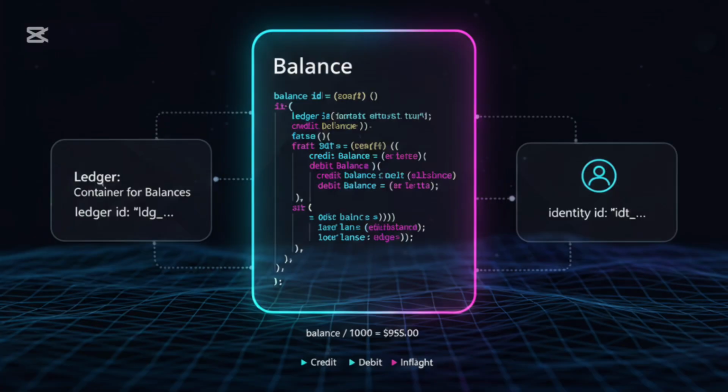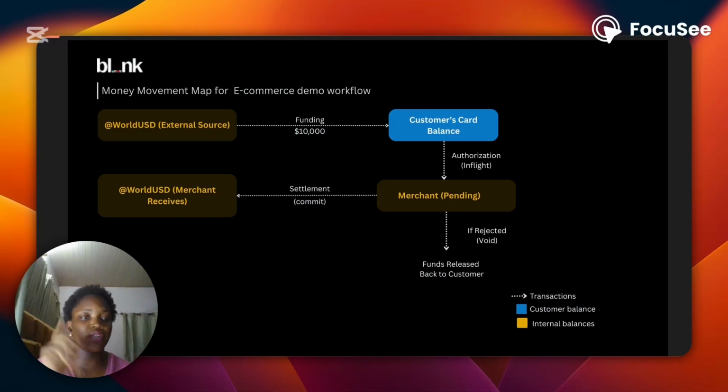And balance is the actual account with the money. You'll notice that it will track credit, debit, and the current balance. As we go on, I'm going to show you how each of these responses look, and you're going to understand this more.